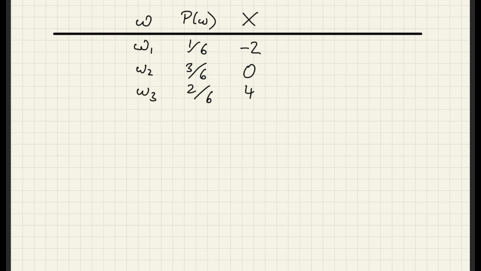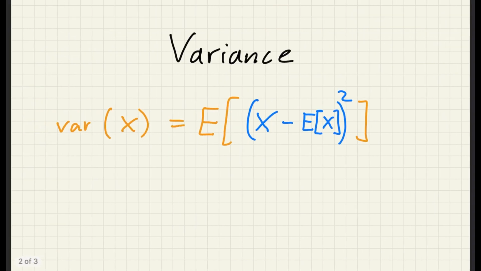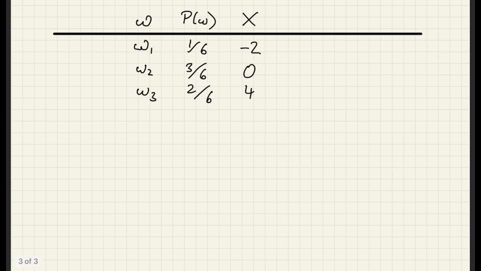To compute the variance of x, we definitely need the expectation of x. So let's compute that first. Let's remind ourselves how the expectation is defined. The expectation of the random variable x is computed by summing over all possible outcomes omega.